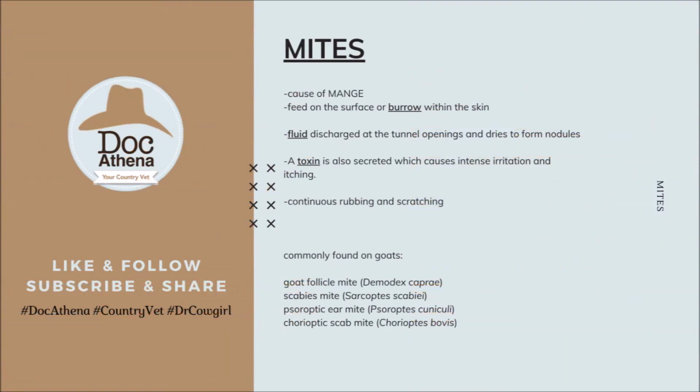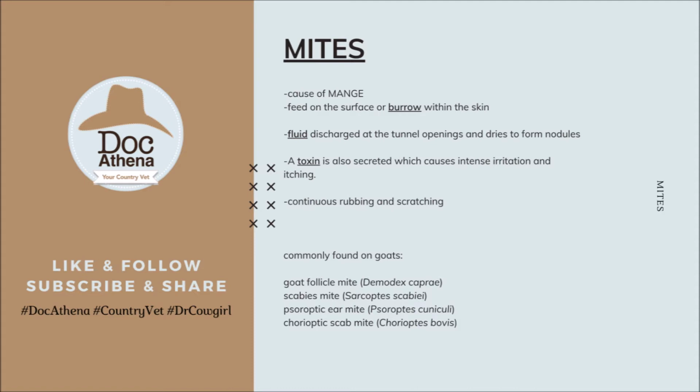Mites cause a condition called mange. This is a dermatological or skin disease that is common not just in goats, but also with other animals. Mites feed on the surface or burrow within the skin, and they discharge fluid at the tunnel openings to form nodules.